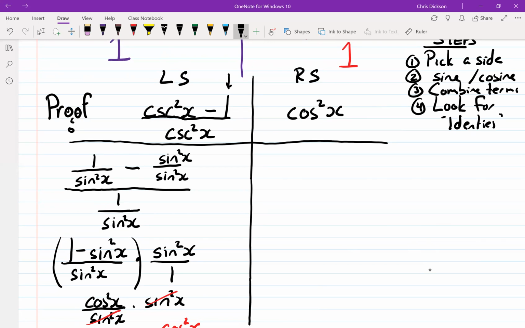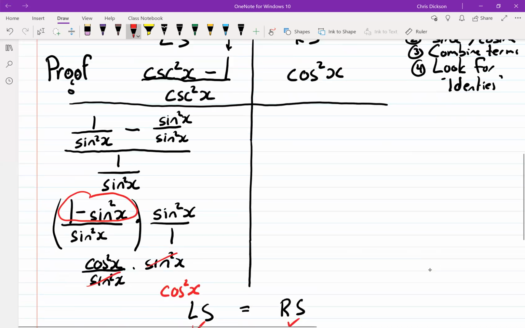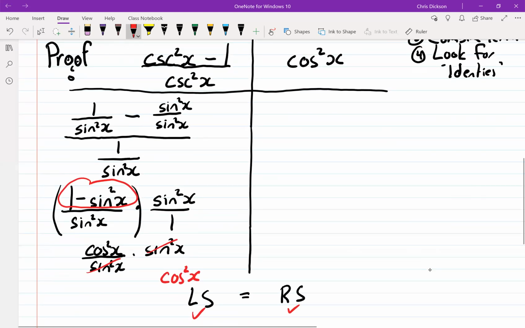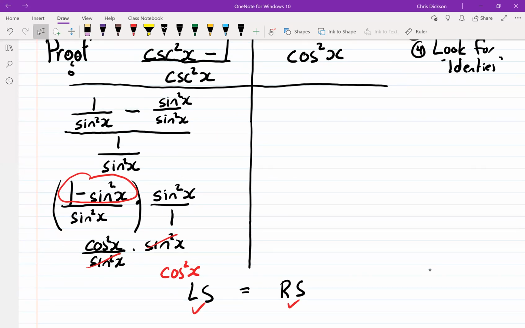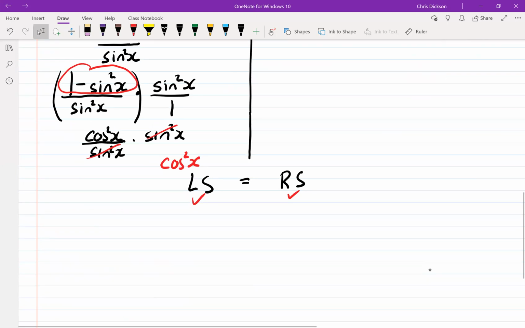So by identities, I mean the Pythagorean identity that we saw here, being able to turn that into cos squared. Sometimes you have to look for those things, not as obvious as you might think. Okay, so I'll come back to this question a bit later and show you a different way of tackling it. But that's one way to approach it. It's basically the starting stages of doing proofs, and once again, look for sines and coses. That's usually the easier way to do that.